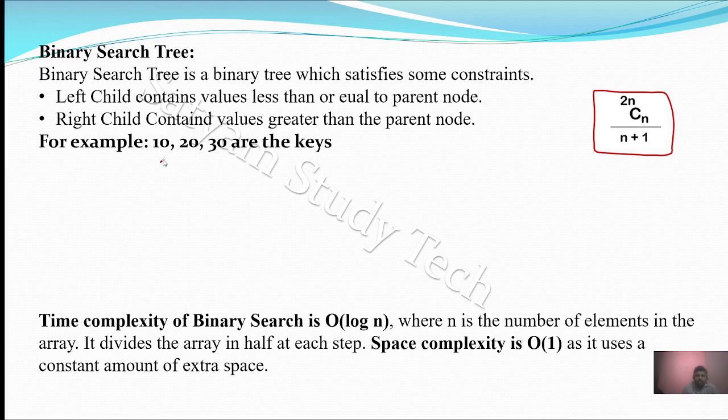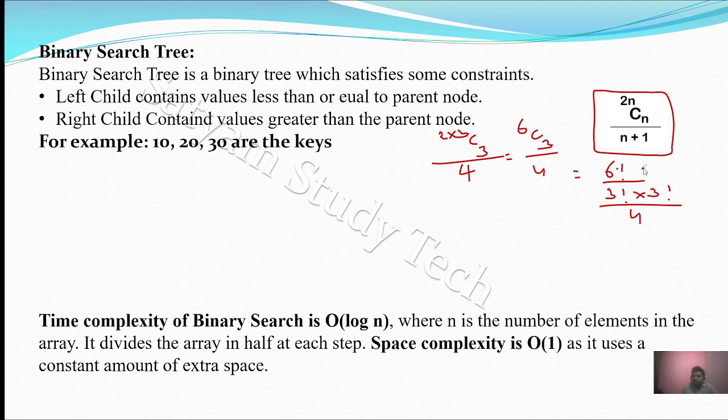Here n is the number of keys, so 3 keys is 2 into 3, that is 2n C n, with n meaning 3 keys, divided by n plus 1, that is 3 plus 1, which is 4. That is equal to 6 C 3 by 4, that is 6 factorial by (6 minus 3) factorial times 3 factorial, divided by 4.